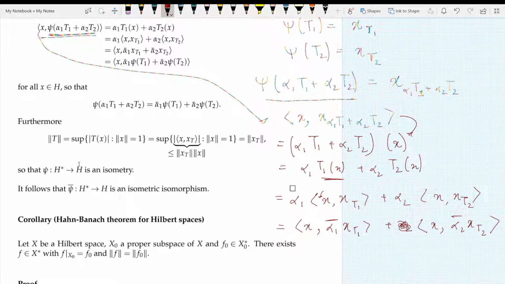But you see, now everything is okay, because my xt1 was psi t1, so I can replace it as x alpha 1 bar psi t1 plus x alpha 2 bar psi t2. And so we have proved that my psi is antilinear.